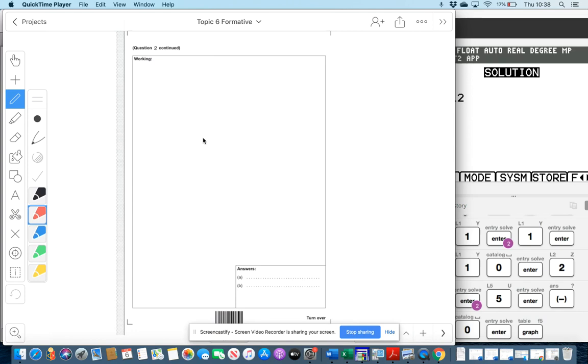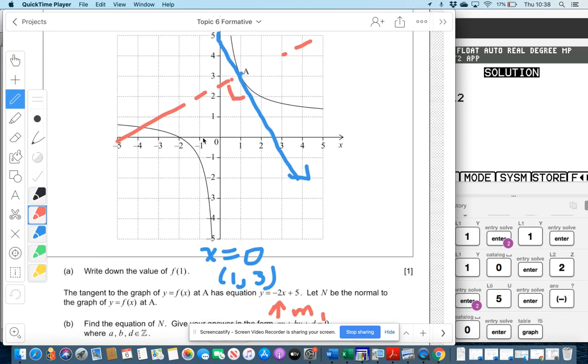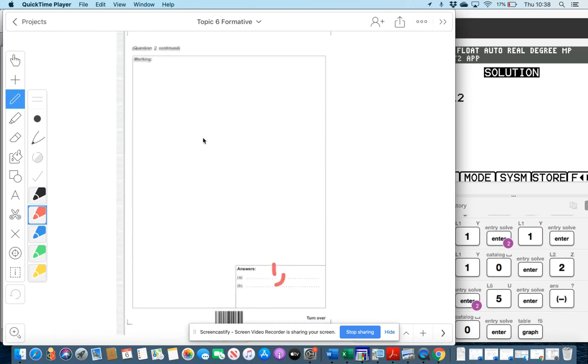So again, our first answer was (1, 3). F of 1 is equal to 3.